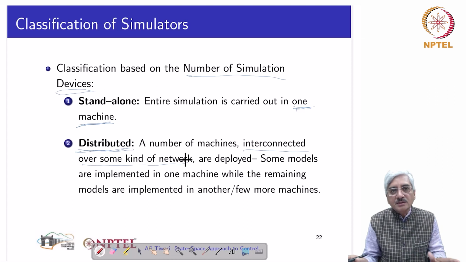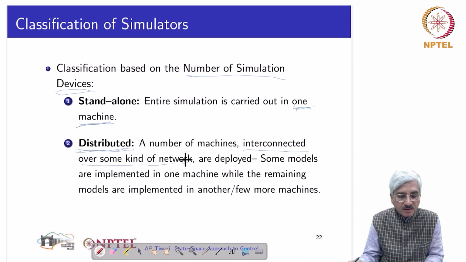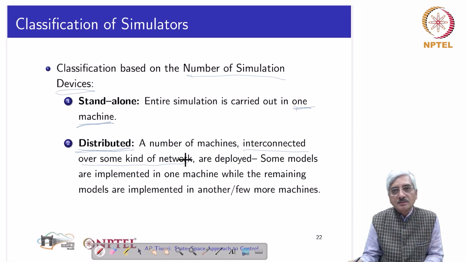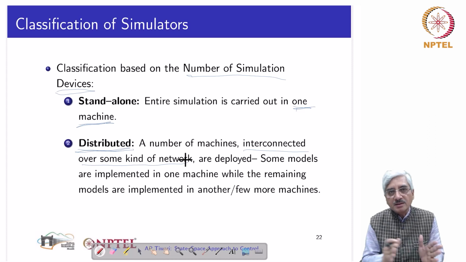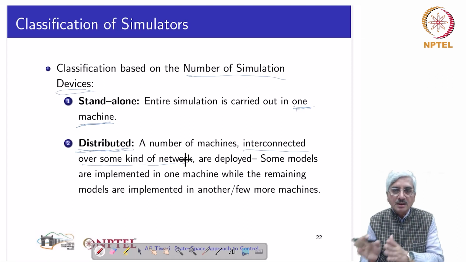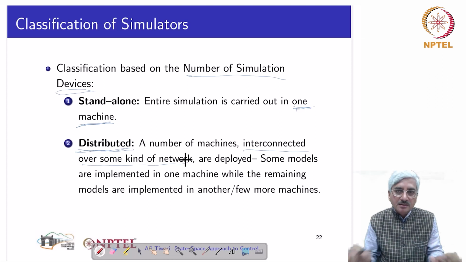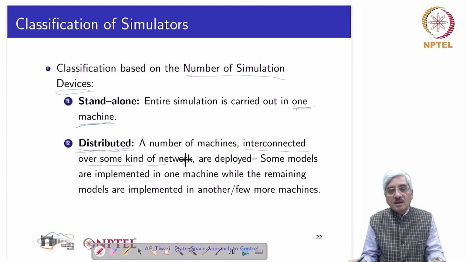So some models are implemented in one machine, some other models in another machine, and third, fourth machine, etc. So essentially this can be done depending upon the different systems. For example, process systems can be in one computer, the control systems can be in another computer, operator interface can be on another computer, and so on.